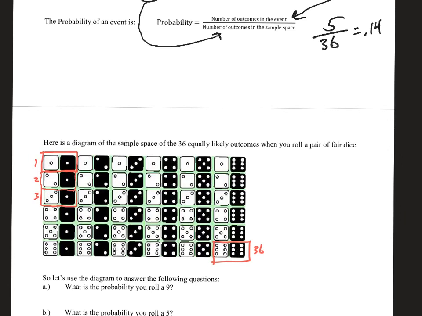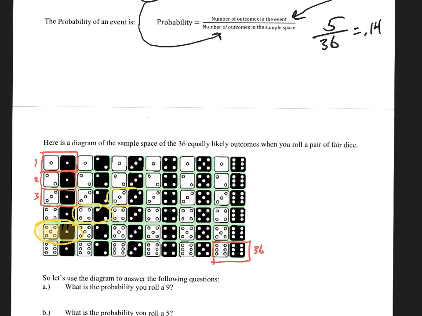Rolling a 6, well, you can just find those in here and highlight them, I guess. Here is one that is rolling a 6. Oh, that's not working out too well. Let's just do it in pen. Yeah, that's better. That's a 6.